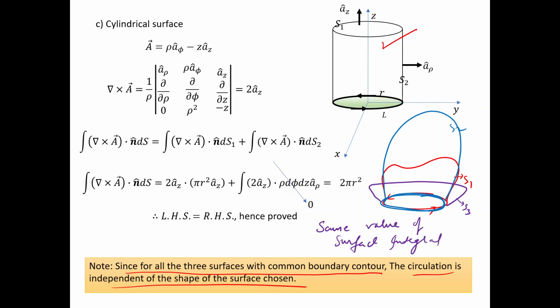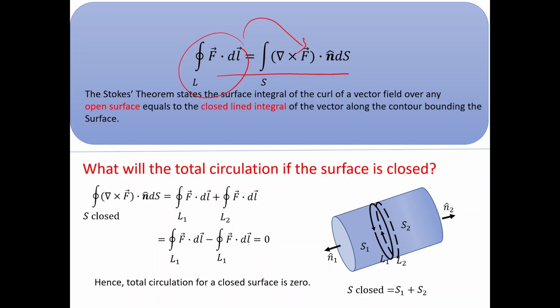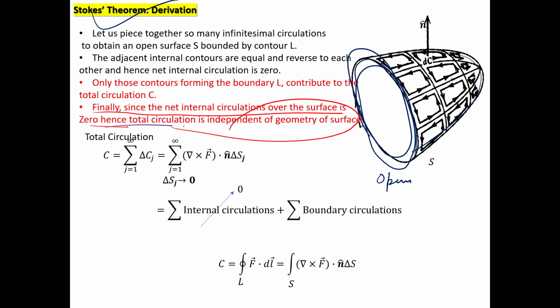And the reason is the net internal circulation of the surface is 0. That is the reason it is independent of the geometry of the surface.